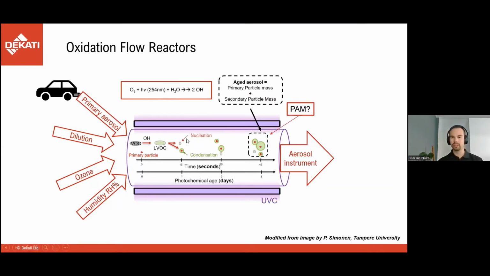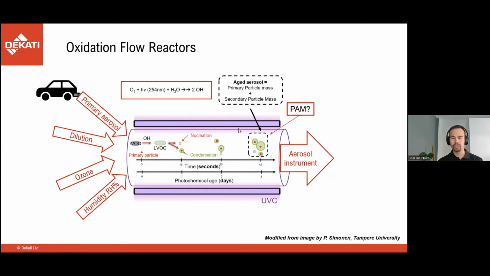These processes will carry on through the reactor, and in the end we have the aged aerosol, and depending on the conditions, so the UV intensity, ozone concentration, humidity, we might have achieved the maximum, so the potential aerosol mass. And now the aged aerosol is ready for instruments.